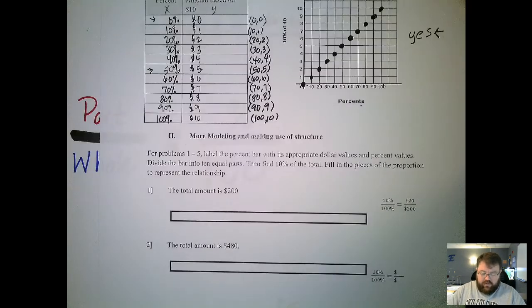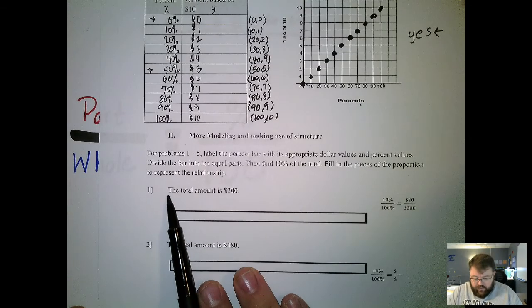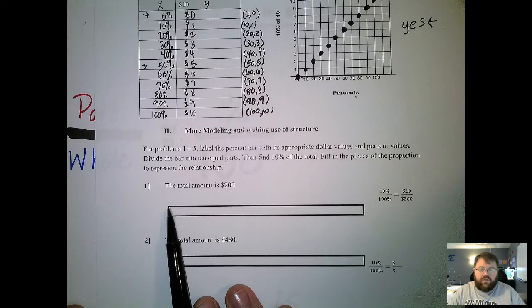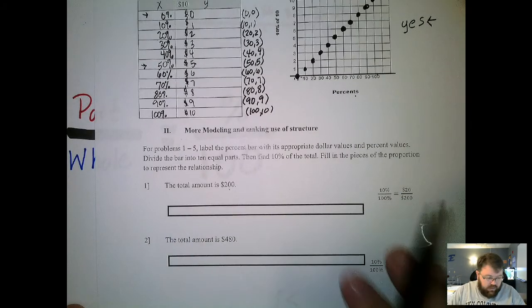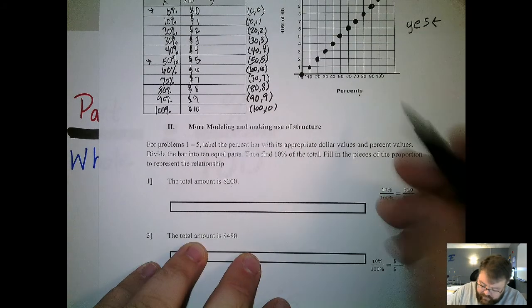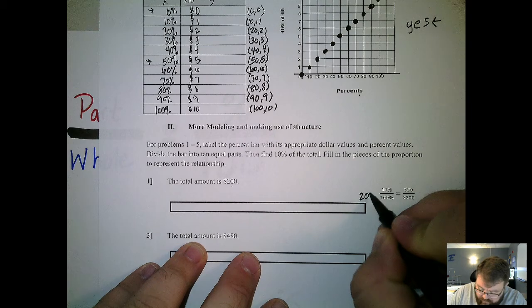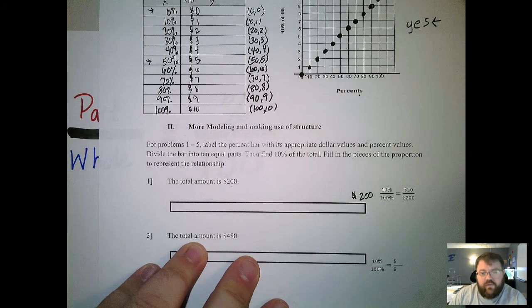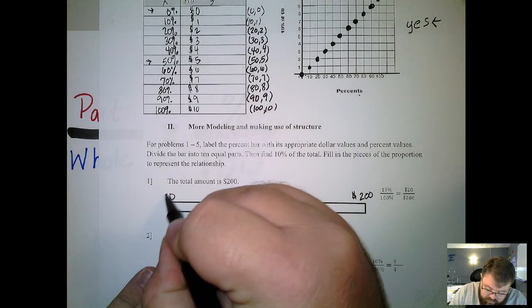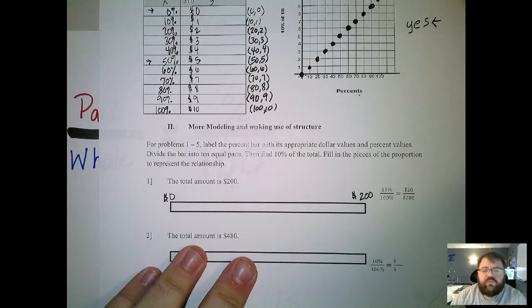Let's look at one of these questions here. The total amount is 200, so this bar represents $200. So put that on top. Okay, now this other extreme is $0.